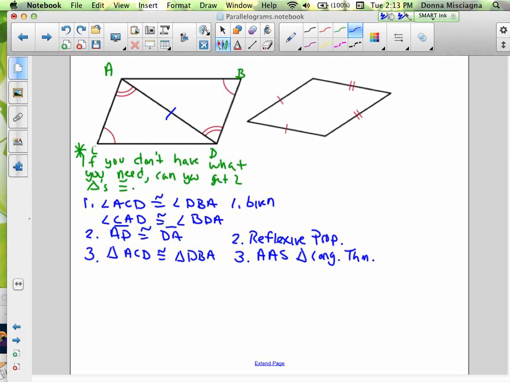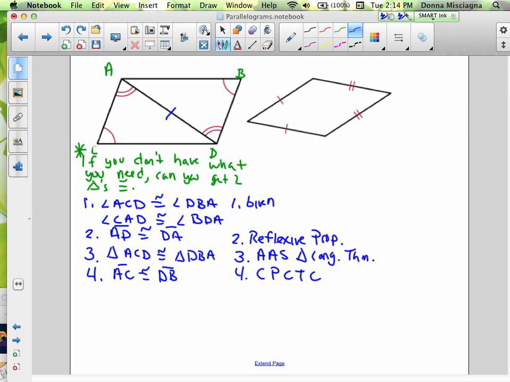But now that the triangles are congruent, all the corresponding parts are congruent. I can already show that a pair of sides is parallel. Why don't we go with that, and then we can use the fact that these triangles are congruent to get a pair of sides congruent. So I can surely say that AC is congruent to DB, because corresponding parts of congruent triangles are congruent.